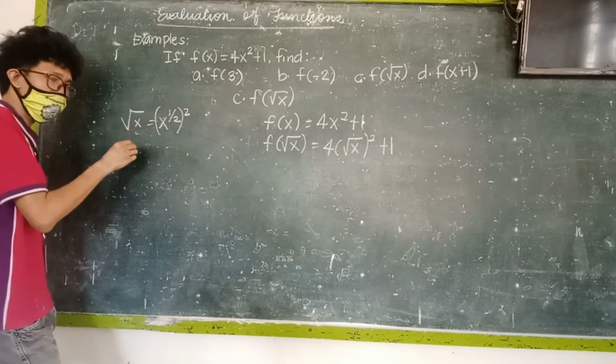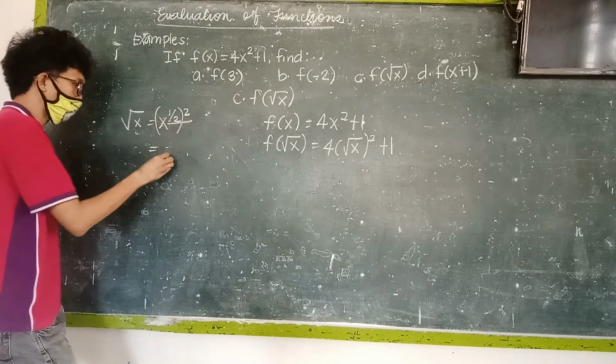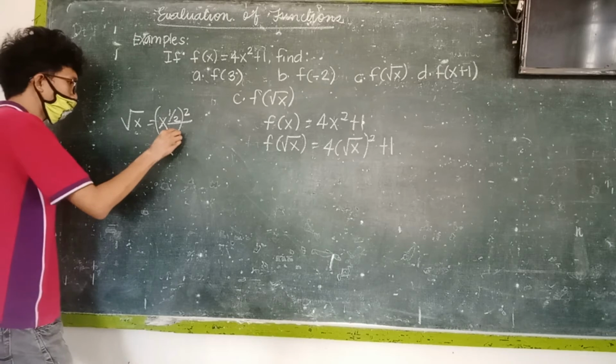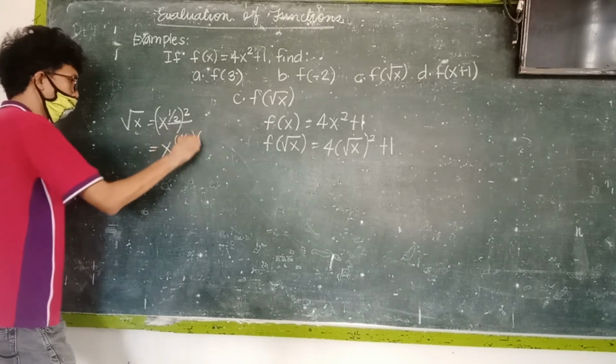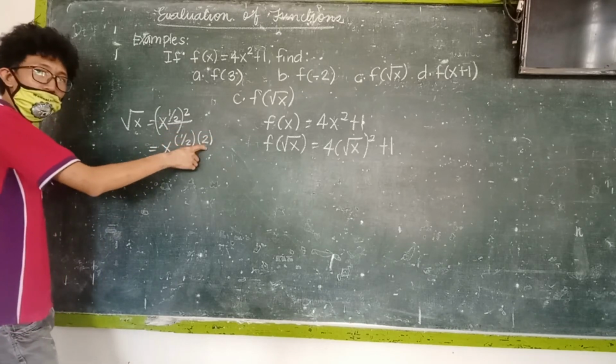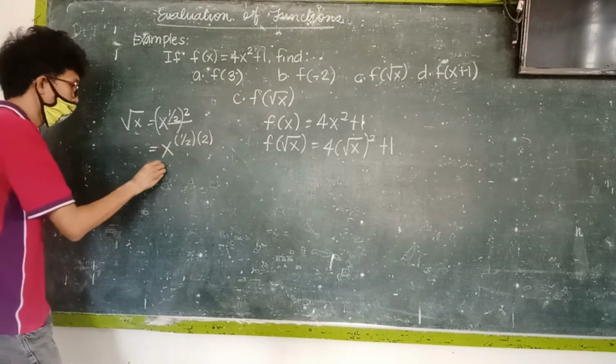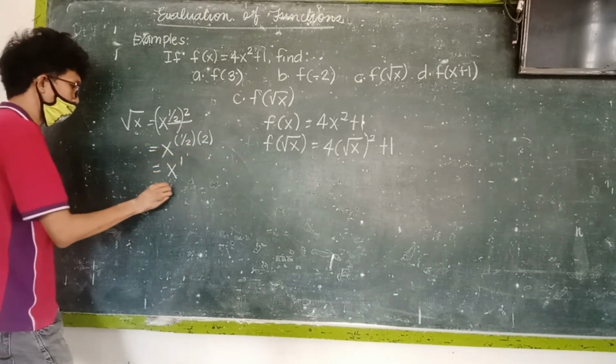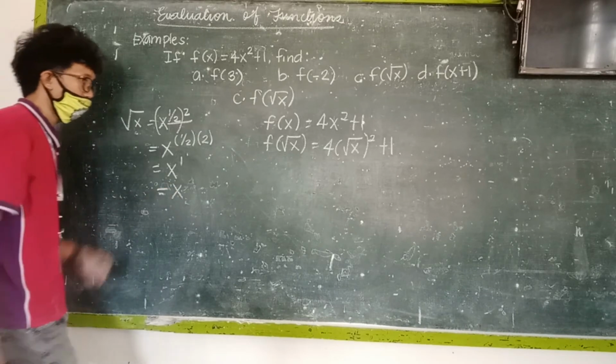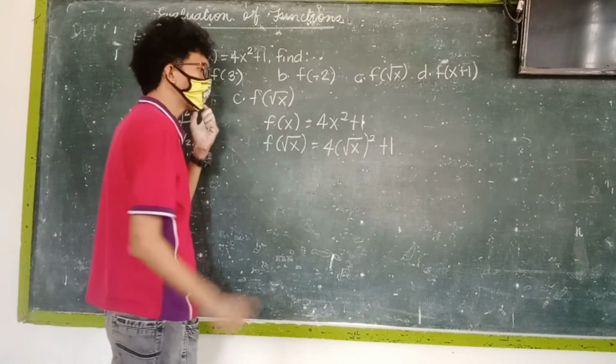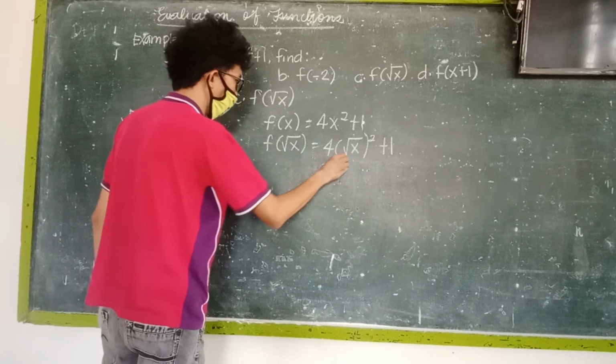So, by law of exponents, i-multiply natin yung exponent. We have x to the 1/2 times 2. I-multiply natin ang 1/2 at saka 2, we have x to the power of 1 or equal to x. So dito, ma-eliminate na ang square root.